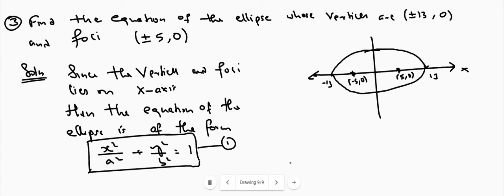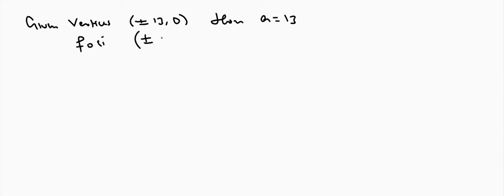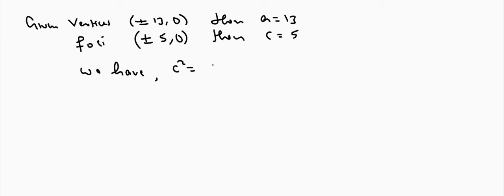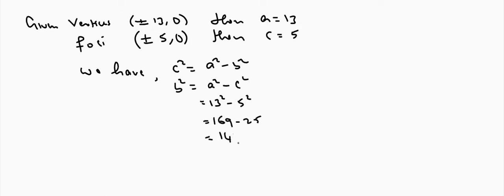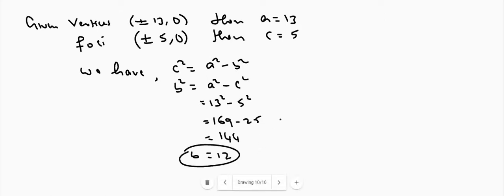Given vertices plus or minus 13, 0, then a is equal to 13, and foci plus or minus 5, 0, then c is equal to 5. We have the formula c square equals a square minus b square. We have to find b square. b square is equal to a square minus c square, which is 13 square minus 5 square, that is 169 minus 25, which is equal to 144, and we get b equals 12.